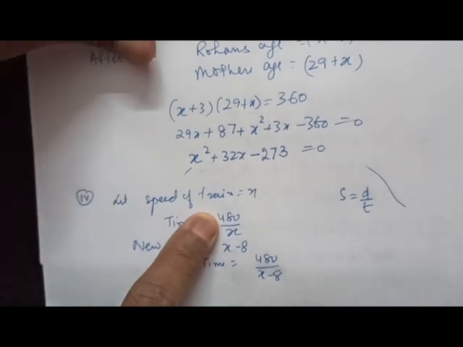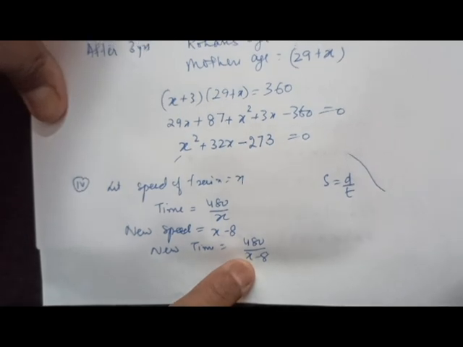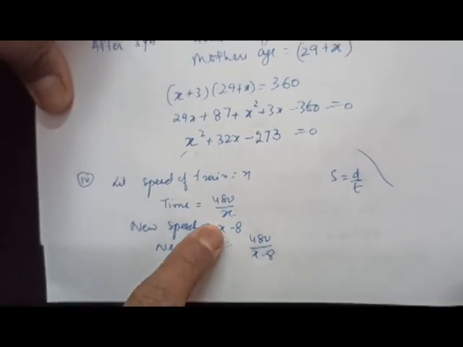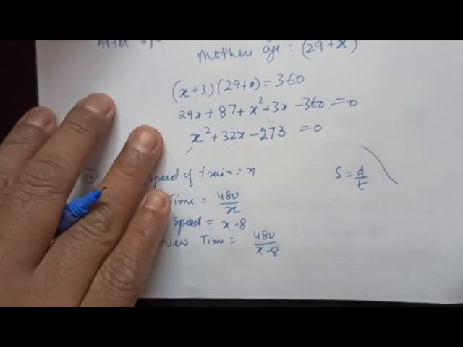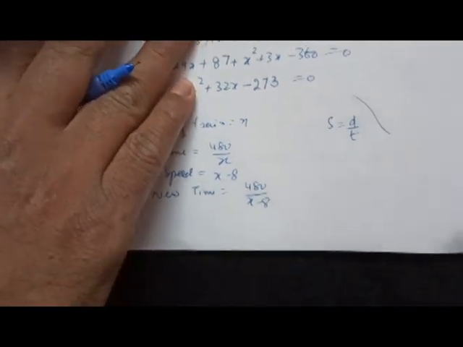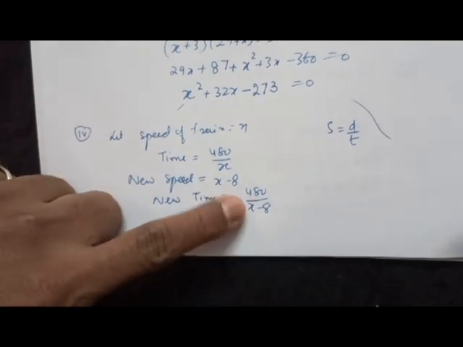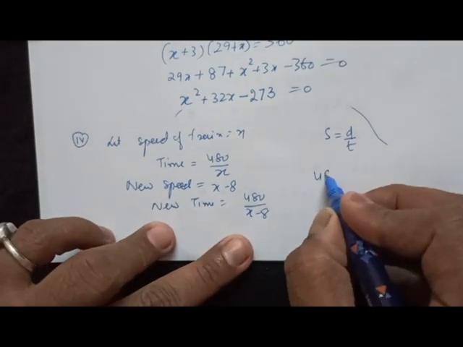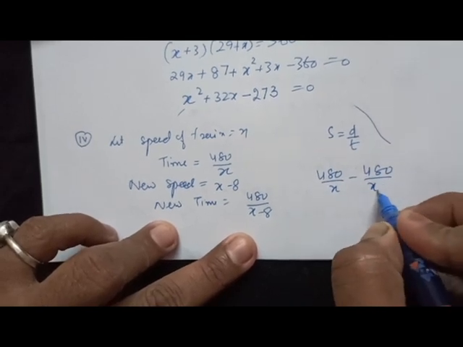Earlier it was 480 upon x and now 480 upon x minus 8. Now what happens? The difference of these two times, they are saying it would have taken 3 hours more to cover the distance. Earlier it is going with this time, now it is going with this time. The difference of both of them, 480 upon x minus 480 upon x minus 8.